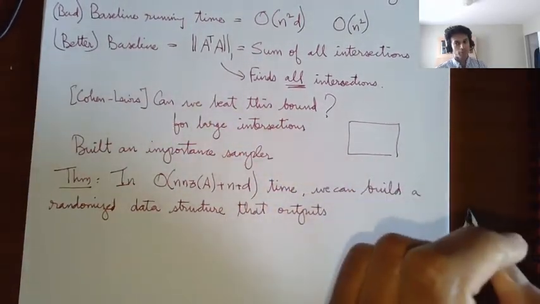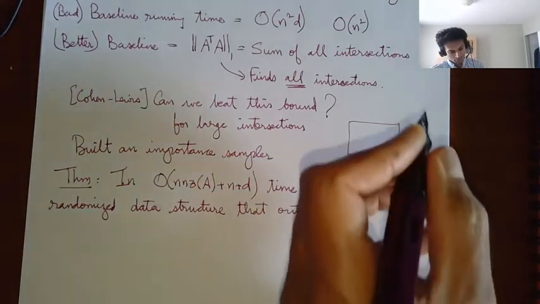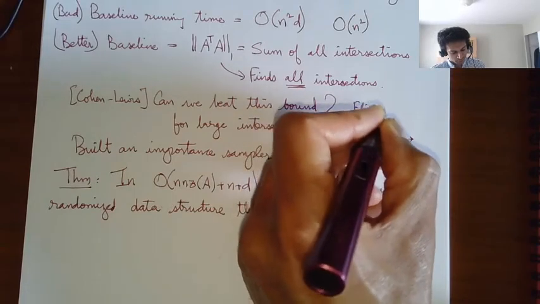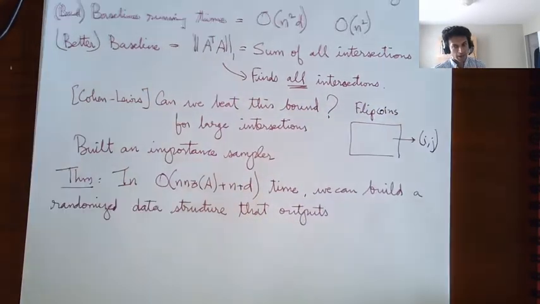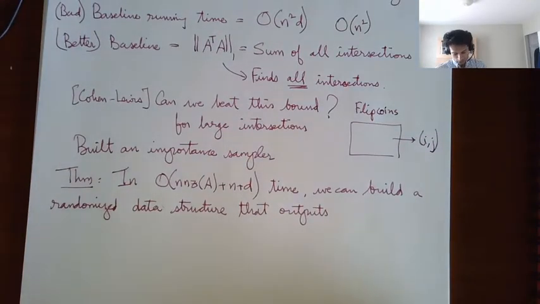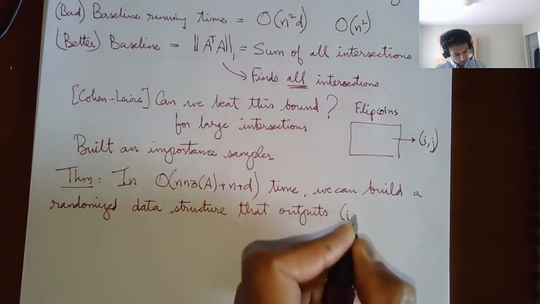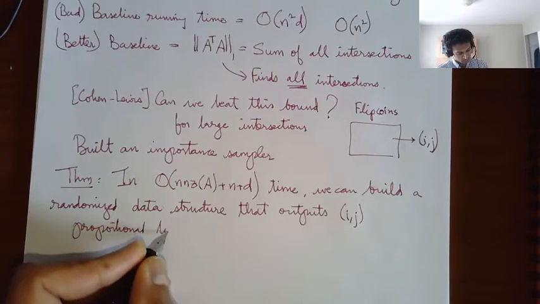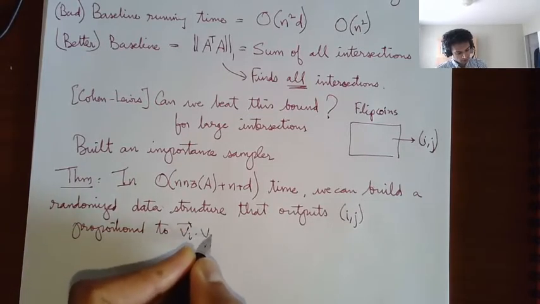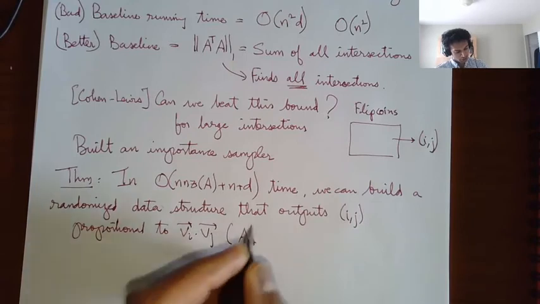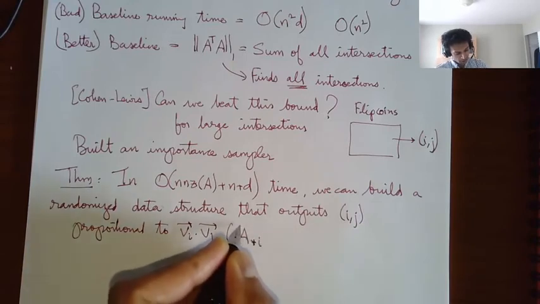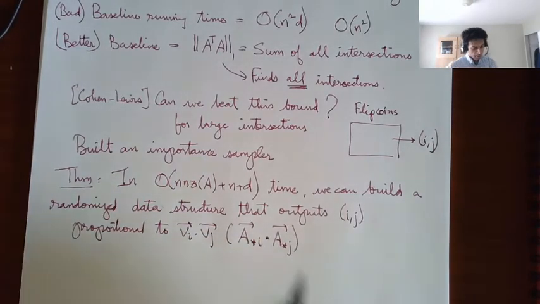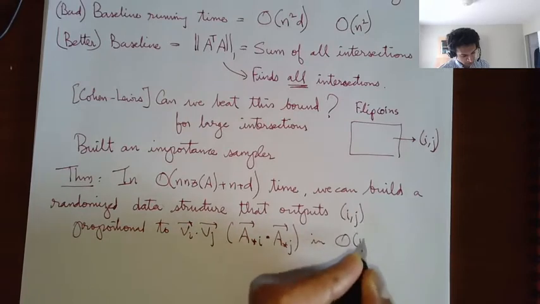You press a button, it flips some coins, and then it spits out a pair i comma j. It outputs i comma j proportional to vi dot vj, or using our other notation, a star i dot a star j. And it outputs this basically in O of 1 time.